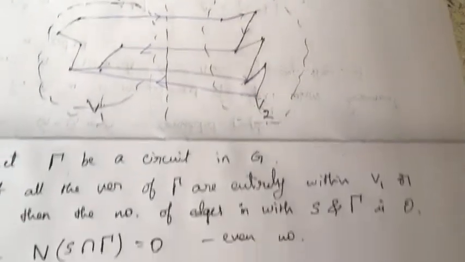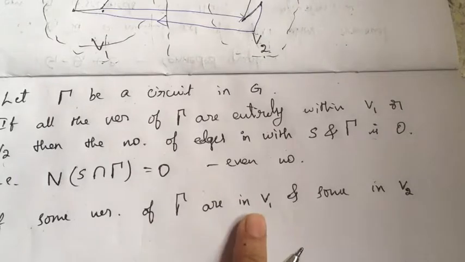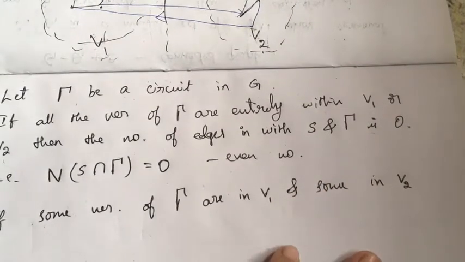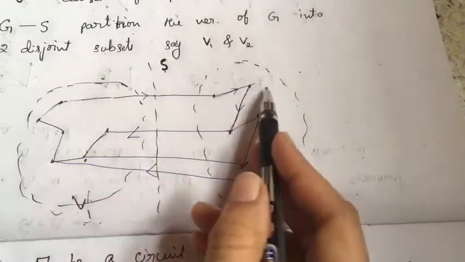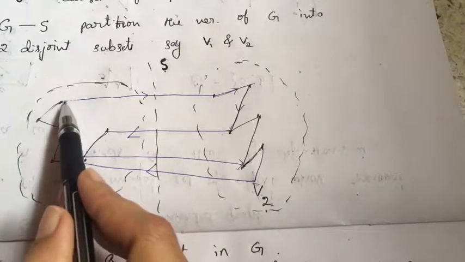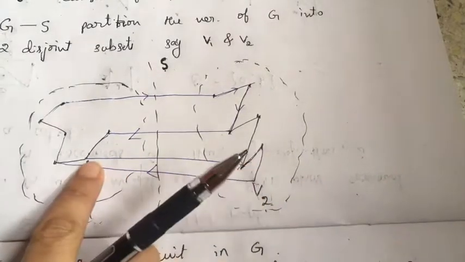So if some vertices of gamma are in V1 and some are in V2, then we traverse back and forth between the vertex sets V1 and V2 as we traverse a circuit, right? Every time I go, I have to come back.